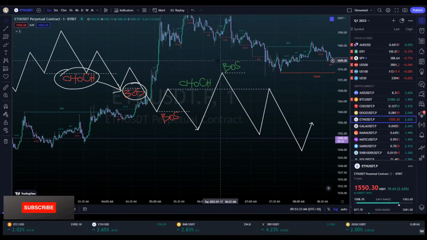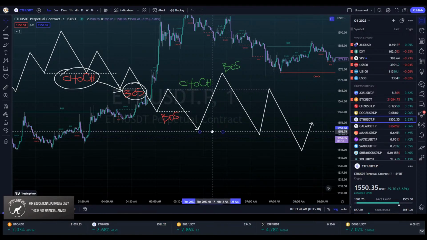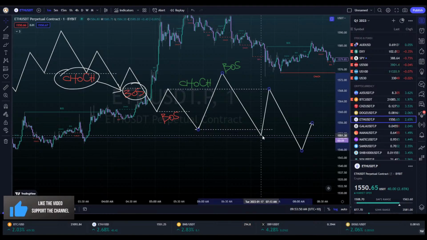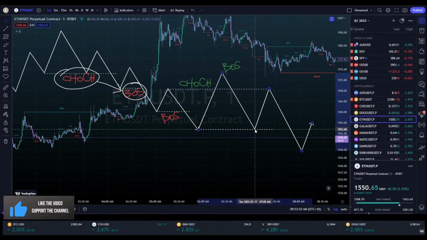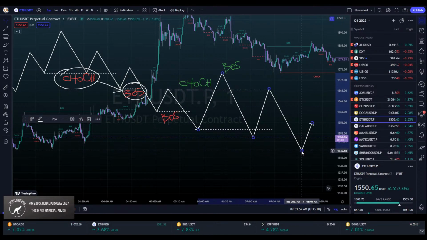So that's pretty common, and I'll show you why that's common. That would mean you get a change of character, but then the structure would break again to the downside because of this low over here. That's when you're in a rectangle, when you're ranging. So let's say that happened there, something maybe more like that.